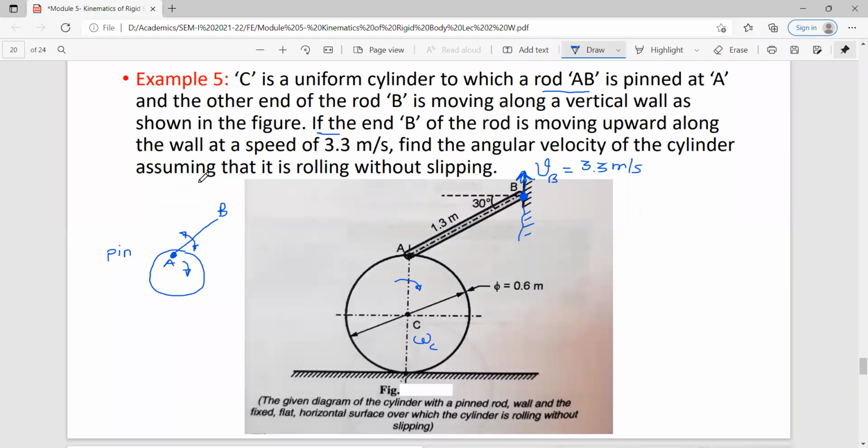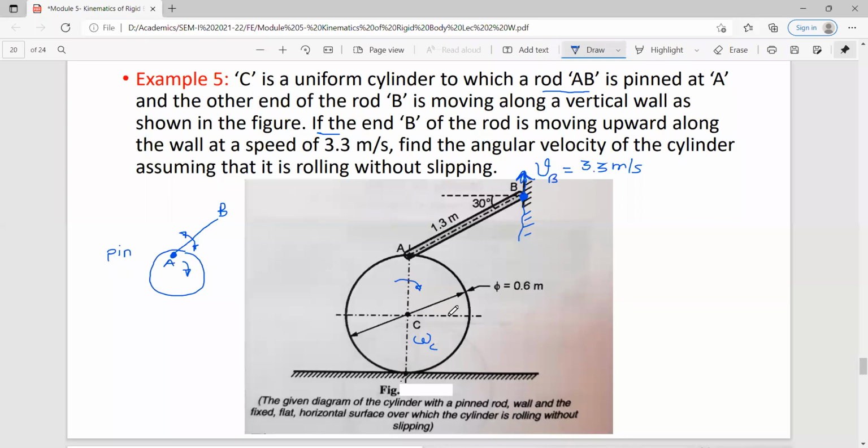Angular velocity of the cylinder, assuming that it is rolling without slipping. So the cylinder is purely rolling. There is no slipping happening. Slipping means the point of contact will drag along the surface.